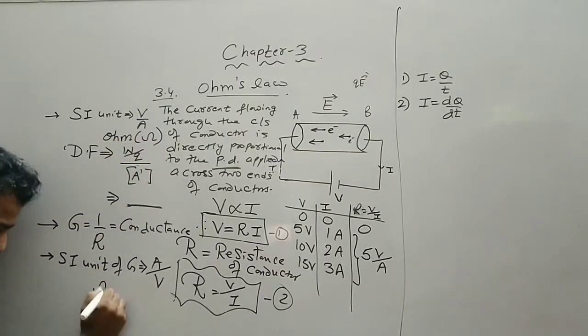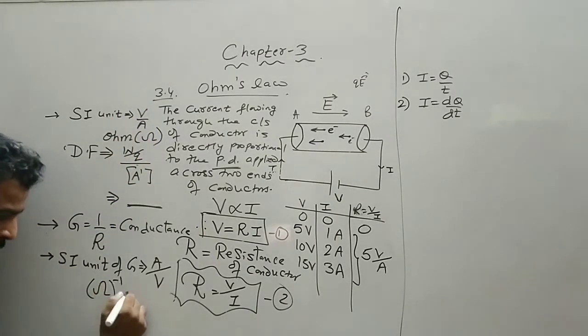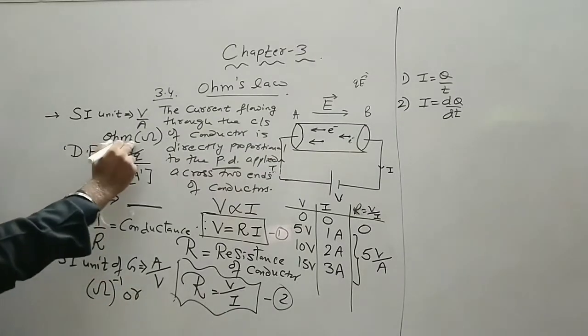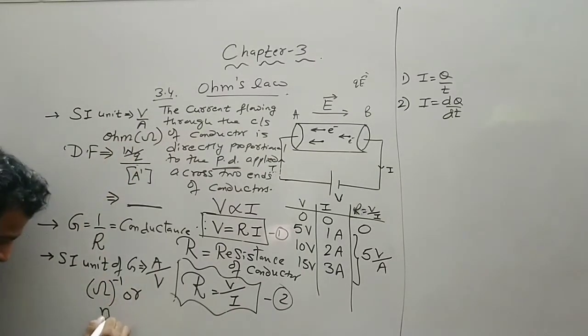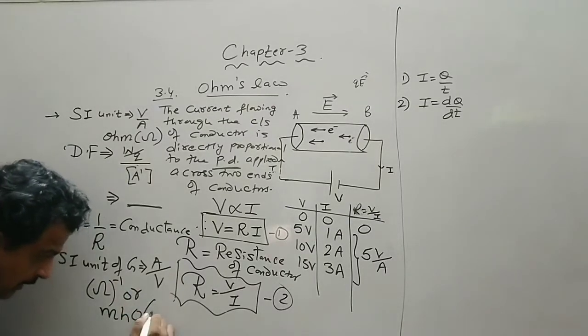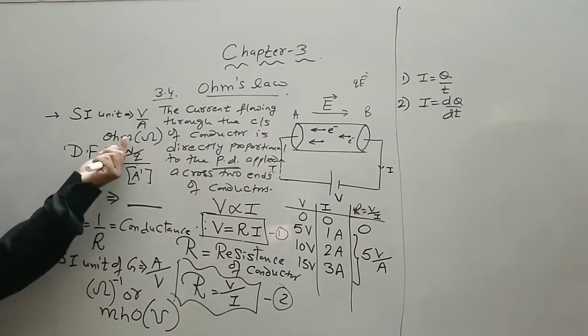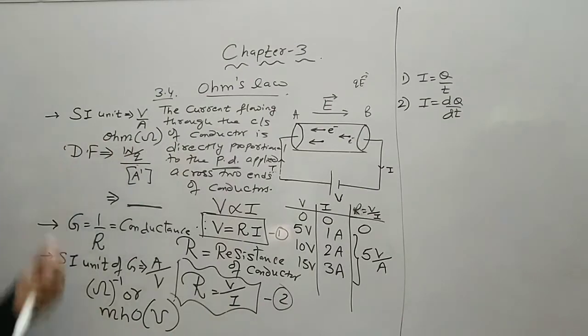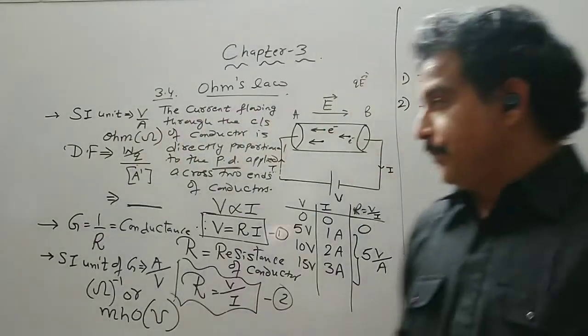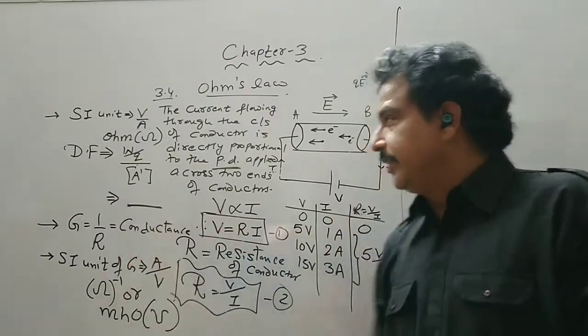So either you say it is ohm inverse, or the opposite of the ohm spelling, that is mho, M-H-O, and the symbol is inverted omega. So either you say reciprocal of resistance, that is ohm inverse, or in words we write the ohm spelling in the opposite order, that is mho, and it is denoted by inverted omega. So these are the general points.